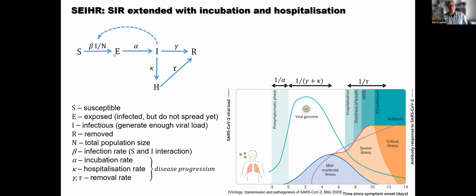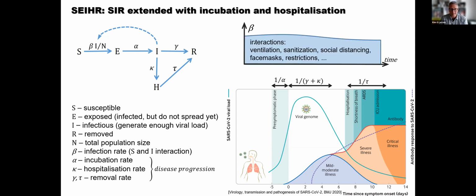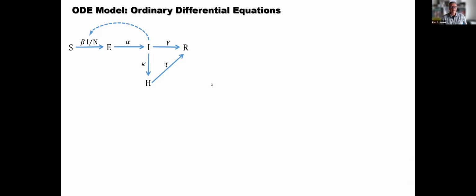Actually, already when you are exposed, it's up to biology. These remaining phases here. So it's really this beta here where you can do a lot in terms of having social distance, wearing face masks, having restrictions, locking down workplaces, etc. So that's where you can have your maintenance action having an effect on this entire system here.